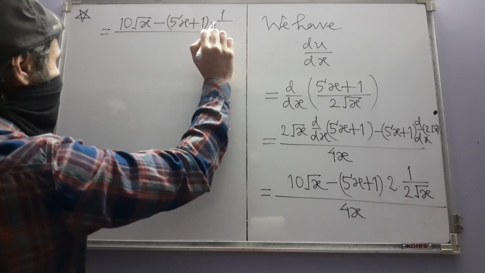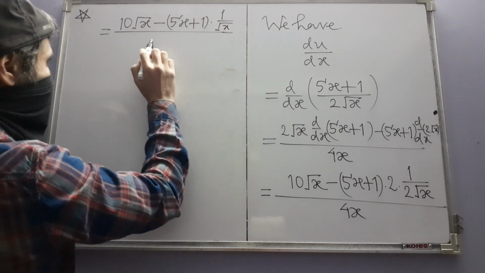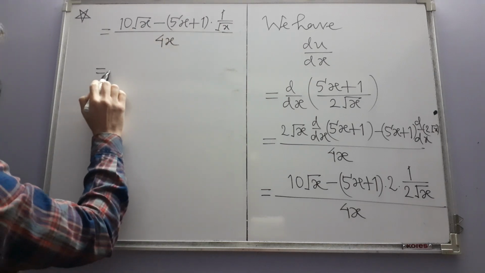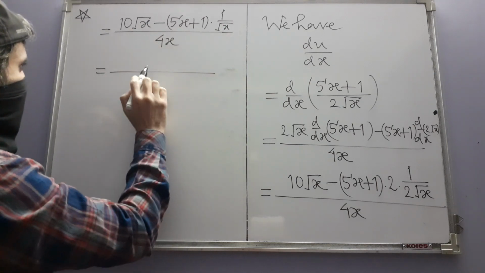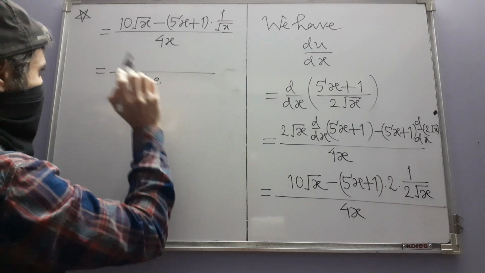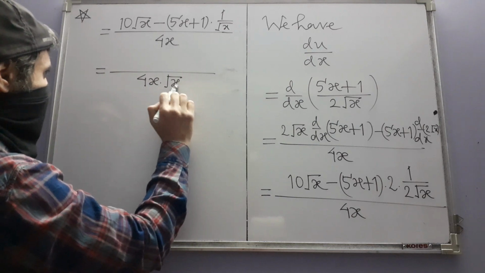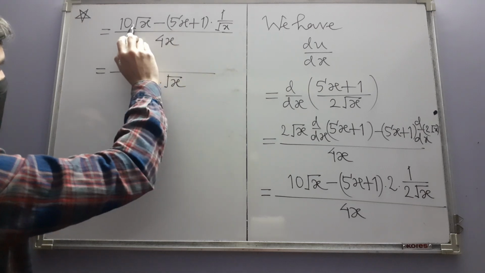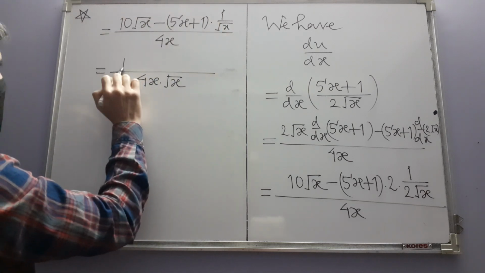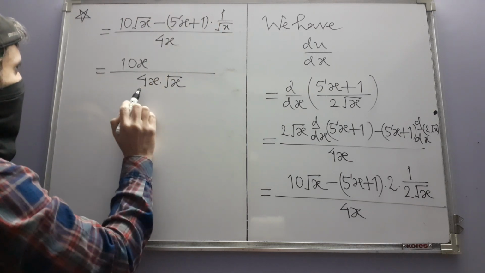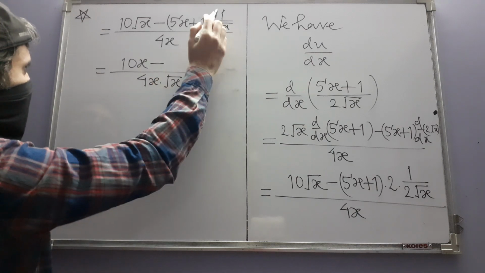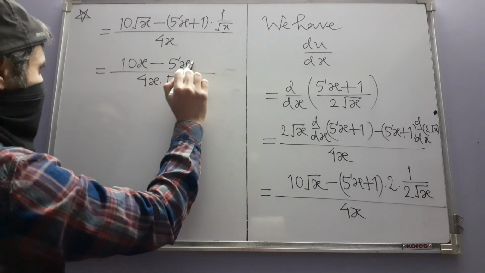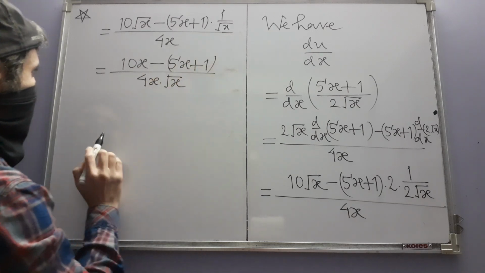Times 1 divided by root x 4x. And now if I bring this root x below this entire thing, then this gets multiplied by root x, becomes 10x minus, and here nothing will be there except 5x plus 1. Alright.